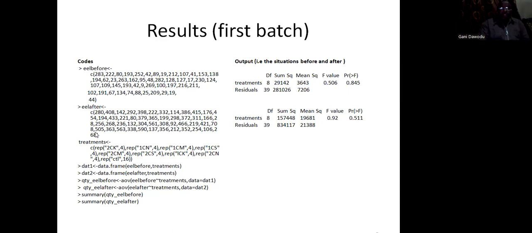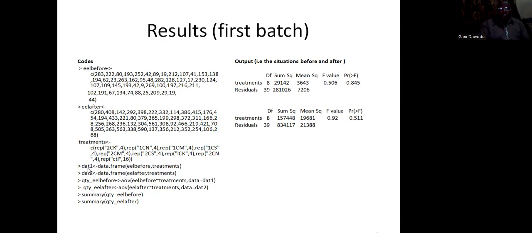Then the situation after harvesting is kept in L after. The treatments, the replicates, then the plots allotted to the fumigants. Data 1, data 2 are the data frames for L before and L after.